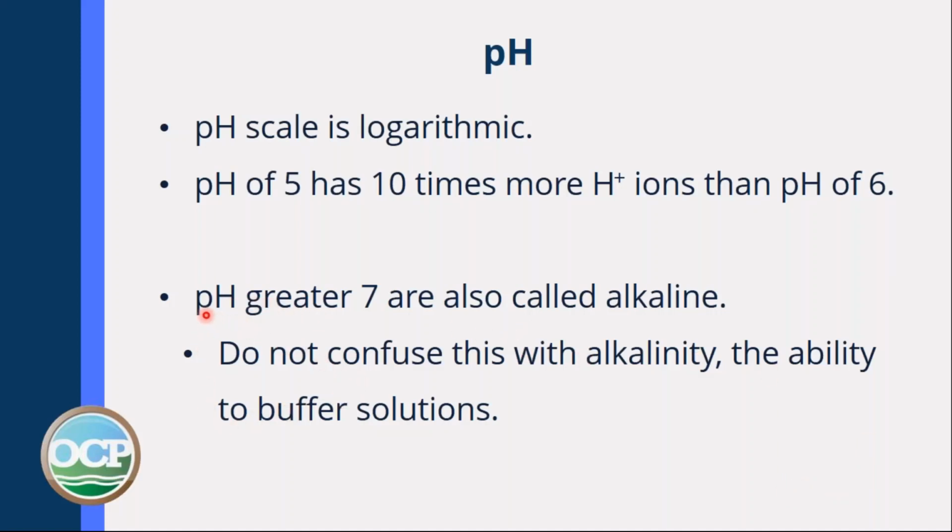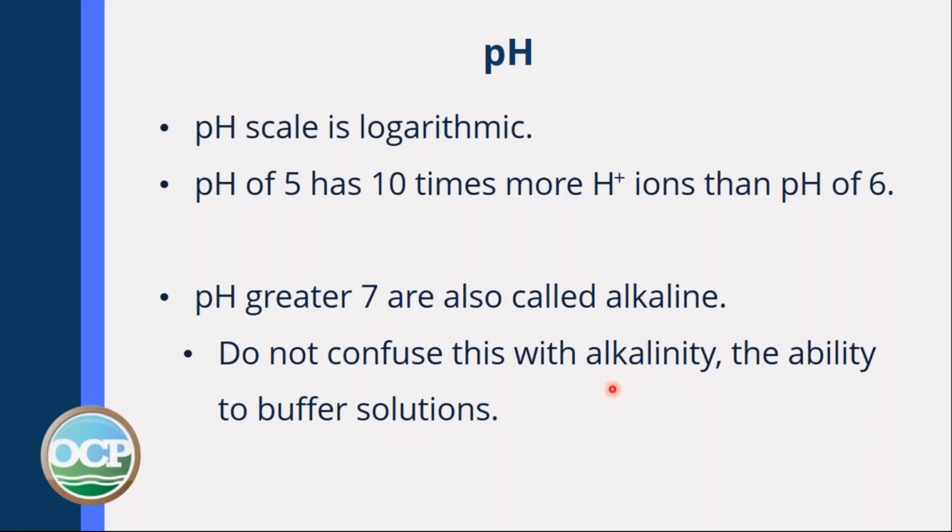I mentioned in the previous slide, pHs greater than 7 were basic. We can also call these alkaline, but there is another term that we use in wastewater treatment called alkalinity. This is the ability of a solution to buffer acids. If acids are added, it prevents the pH from dropping very quickly.